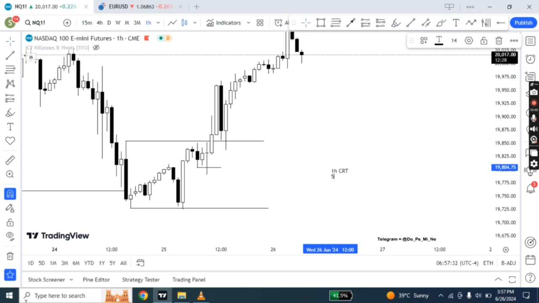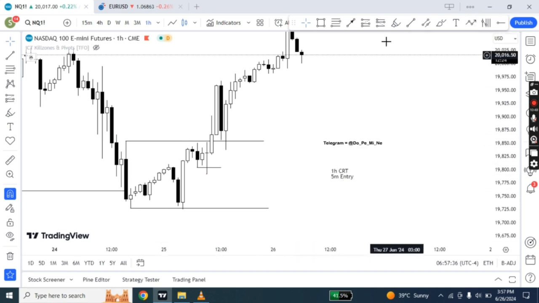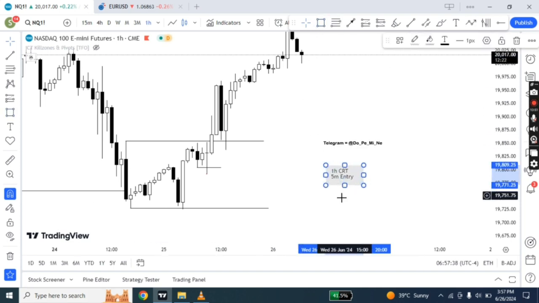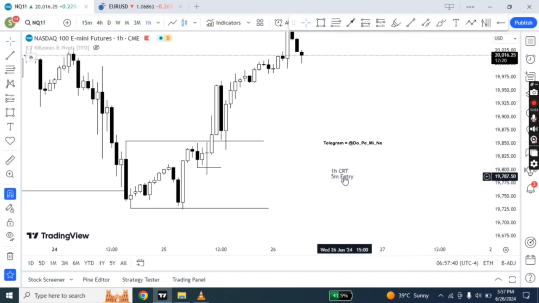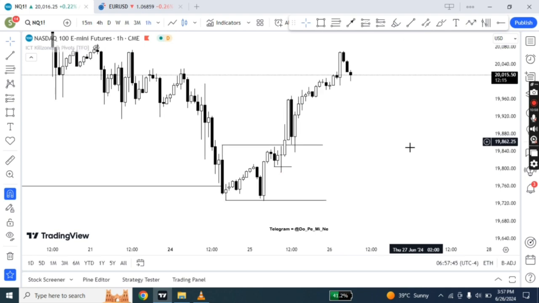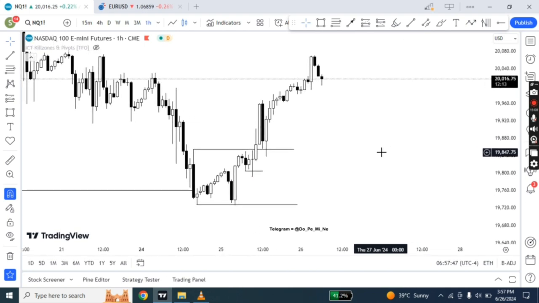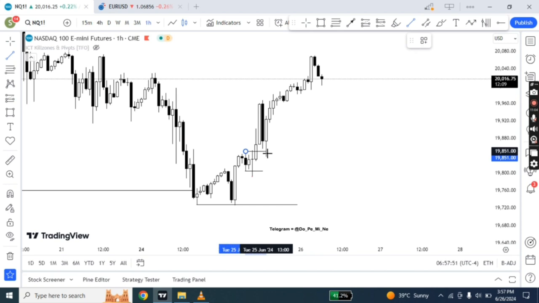I'm going to discuss this in later chapters as well. But what you need to note down is that if you are using the 1 hour to find your CRT, then you have to trade that CRT on the 5-minute. Similarly, if you are finding CRTs on the 4 hour, then you're going to trade those CRTs on the 15-minute. That's what we call time frame alignment.